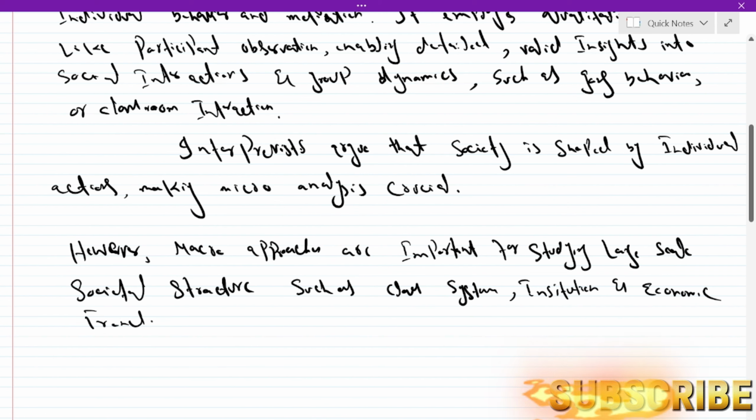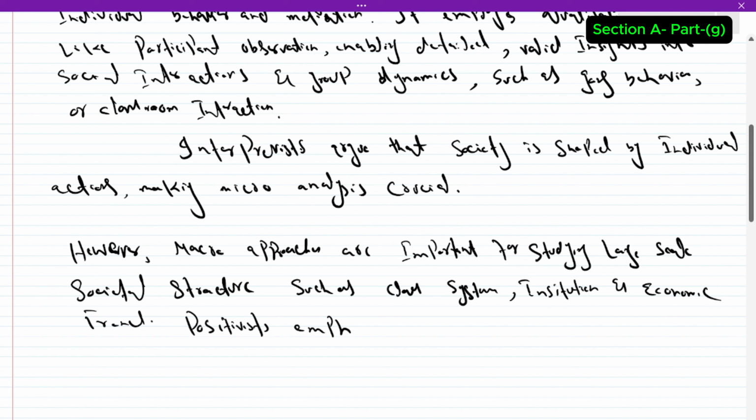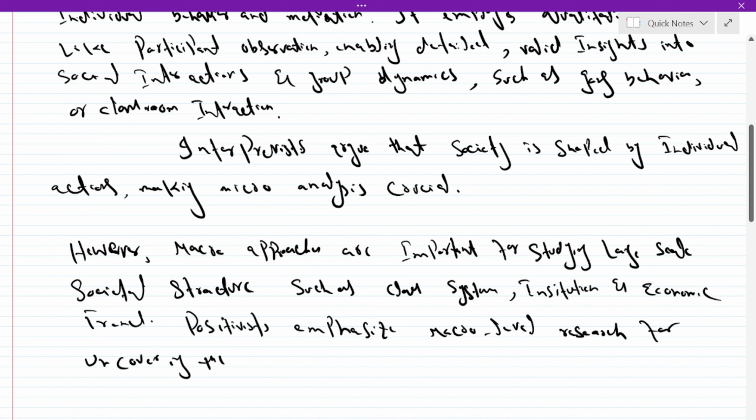Positivists emphasize macro-level research for uncovering causality and patterns using quantitative methods.